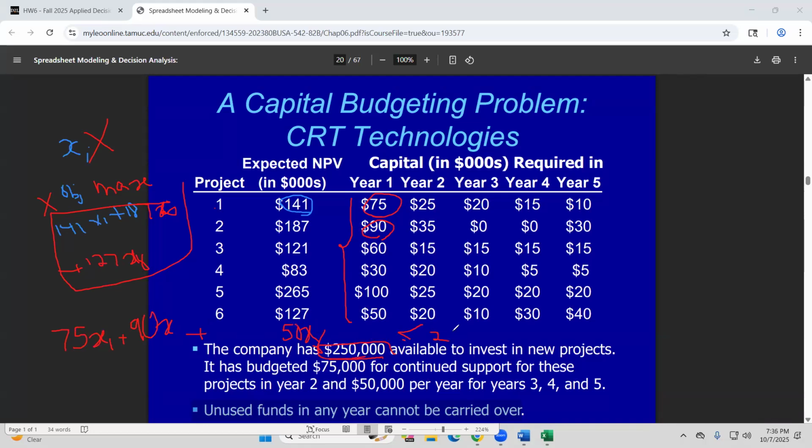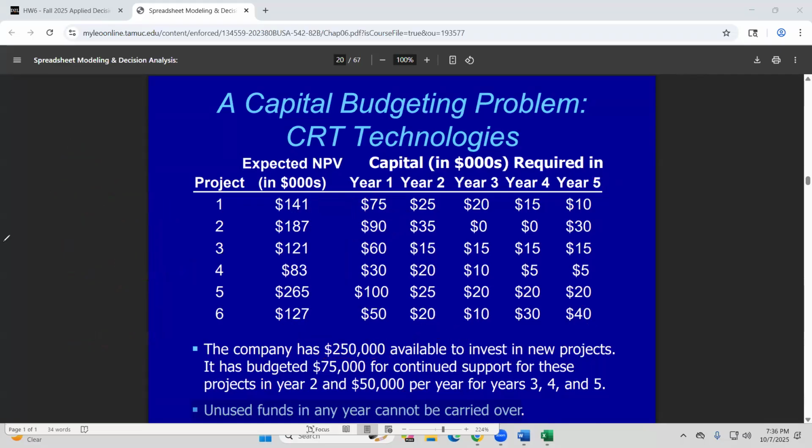So 250. Does it make sense, everyone? The same thing for the next year. For example, for year five, where the budget is 50, it is 10 times x1 plus 30 times x2 and all the way to 40 times x6 less than 50. Do you all agree? Okay.